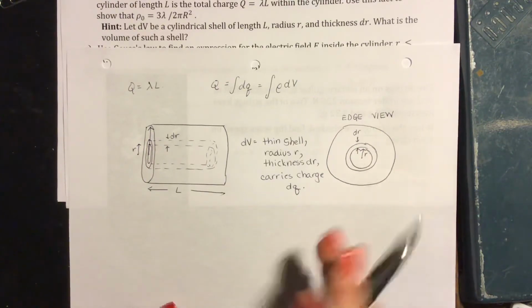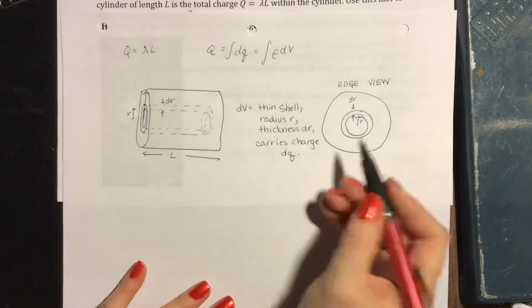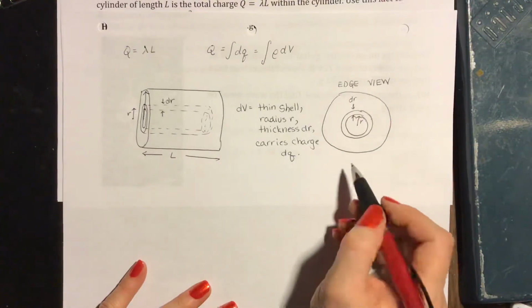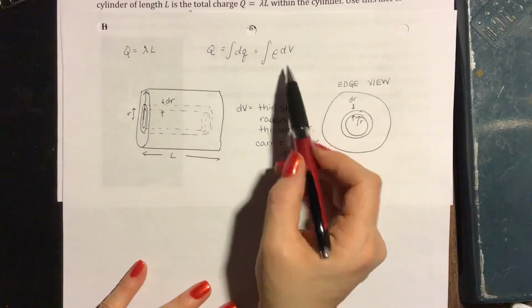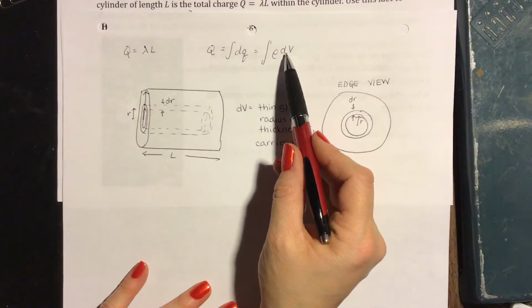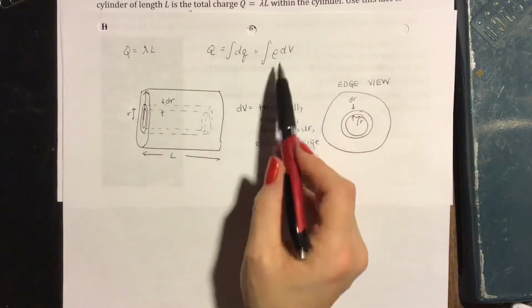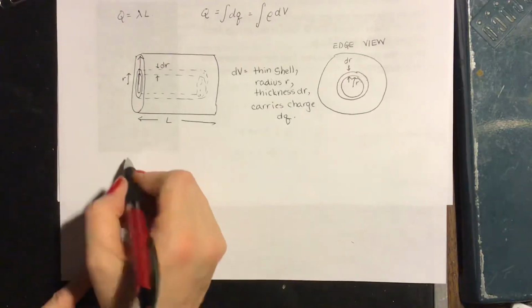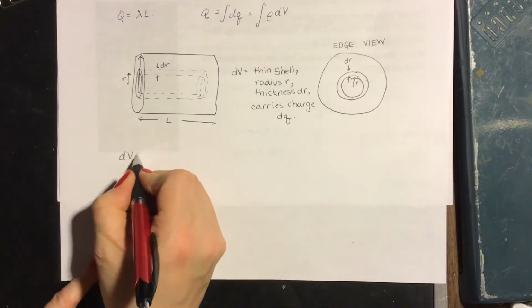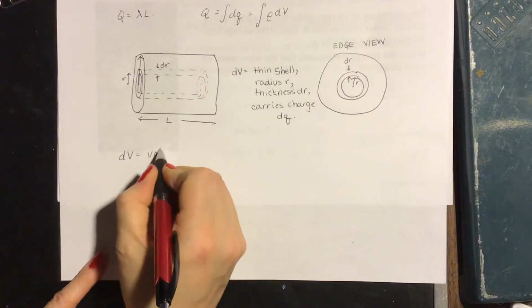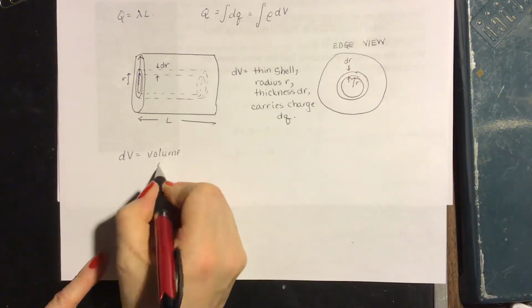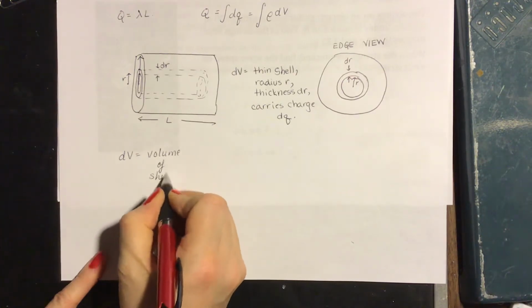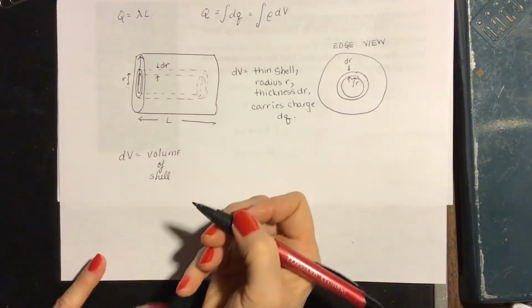So to get our total amount of charge, we're going to have to add it all up. So we need a usable expression for our dV. How are we going to write down what dV is so that we can plug it in here and we can do our integral? So if dV is the volume of the shell, the next question we'd ask is, how do we find the volume of the shell?